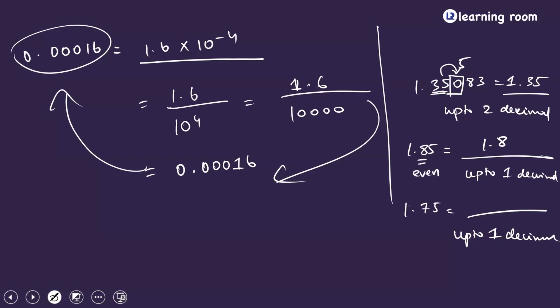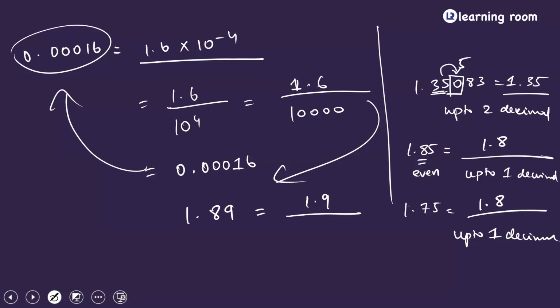But for 1.75, it will become again 1.8. If it is like 1.89, it is 1.9. Is that clear? Do you understand what I am trying to say? So these things you have to be clear with. First note down this.